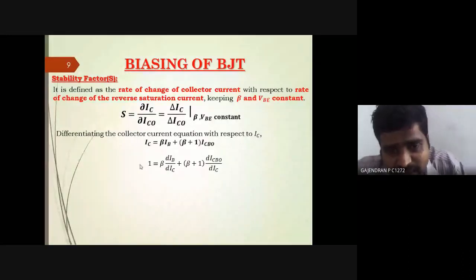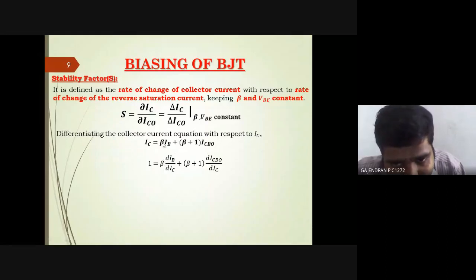Then we will differentiate these two things. Beta is the constant one. Only this component depends on the IC value, so I'm going to differentiate this one. Here also beta plus 1 is the constant, therefore I'm going to differentiate only this.